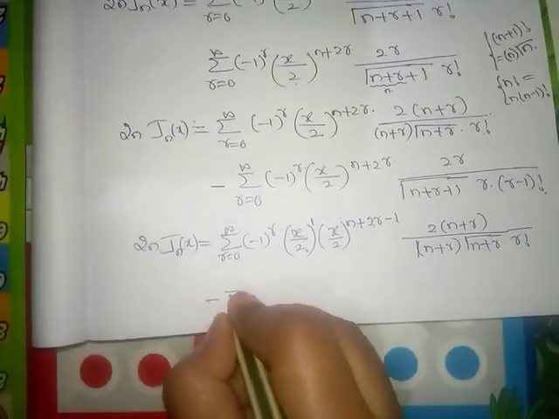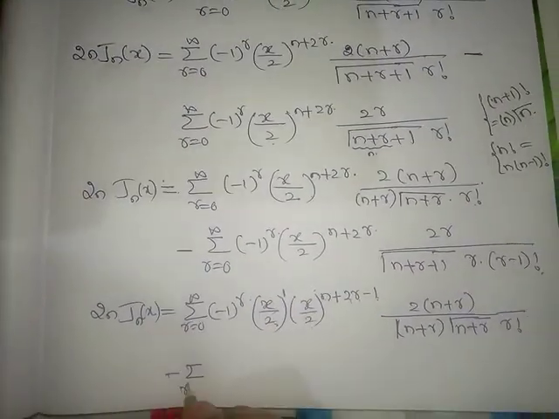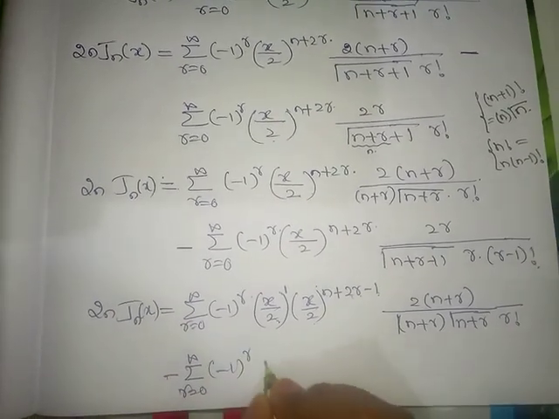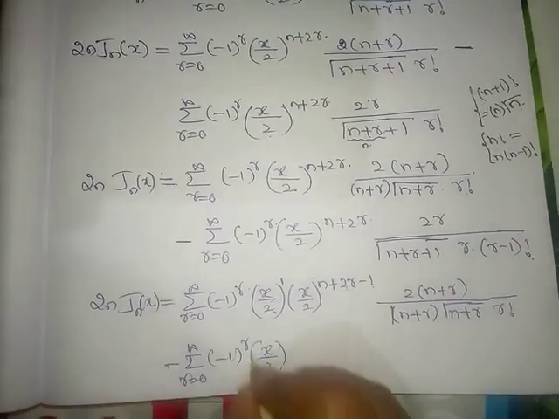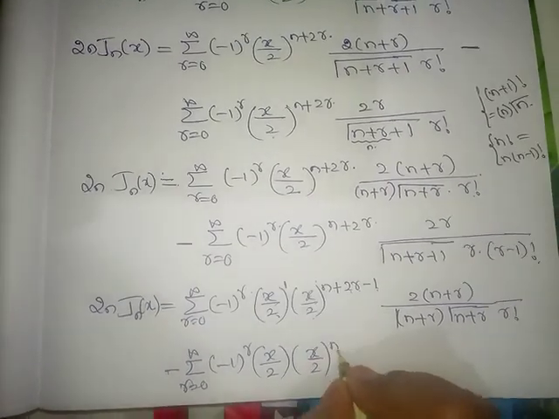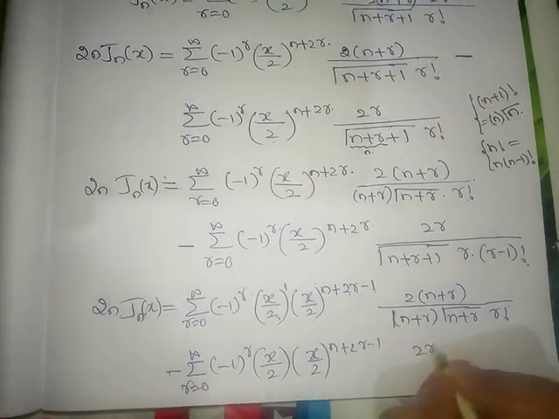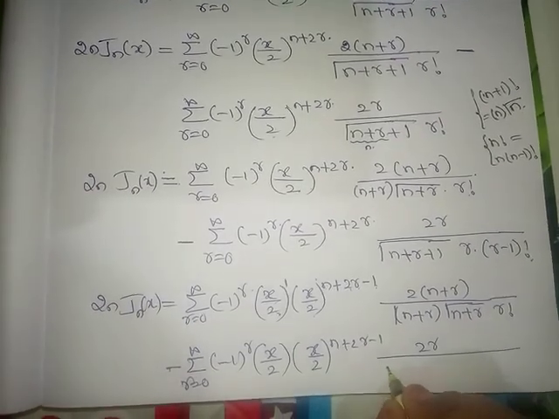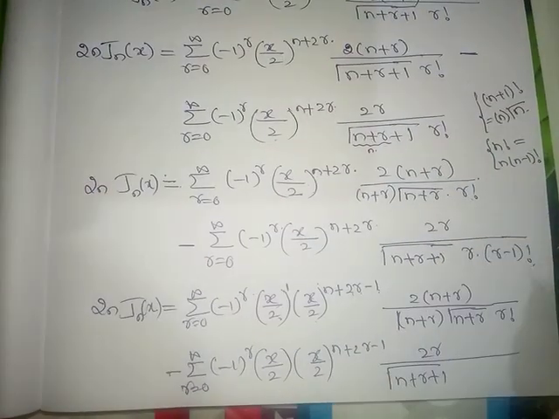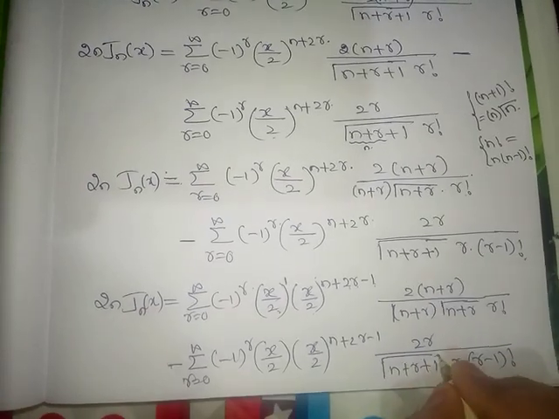Similarly here, summation r running from 0 to infinity, minus 1 raised to r, x by 2 into x by 2 raised to n plus 2r minus 1, divided by gamma of n plus r plus 1 into r minus 1 factorial.